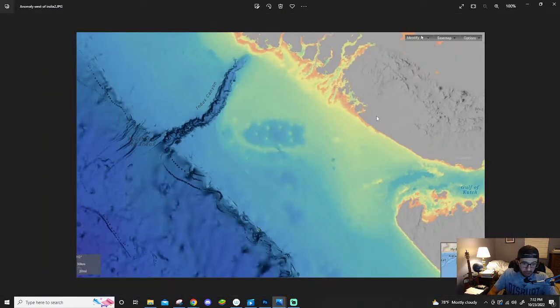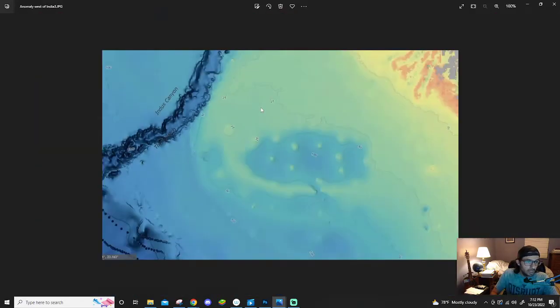Bathymetric data. So, here's that Gujarat, India, beak tip. And here's Dwarka, clear as day. Here's Dwarka, which means gateway to heaven, or even portal.